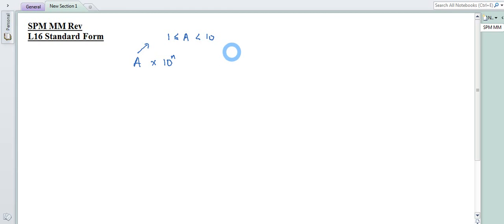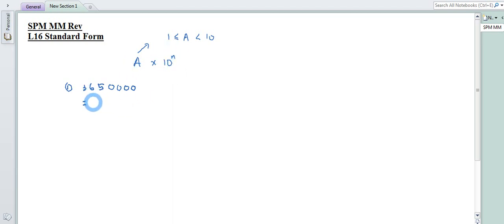For example, if you have a very big number 3, 6, 5, 0, 0, 0, 0. Okay, if you want to write this number in standard form, it's actually very easy. You need to express it in this form.